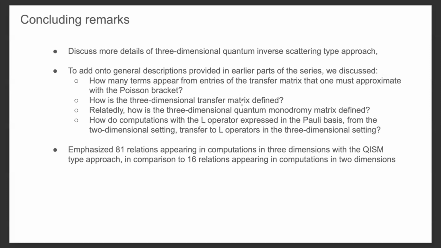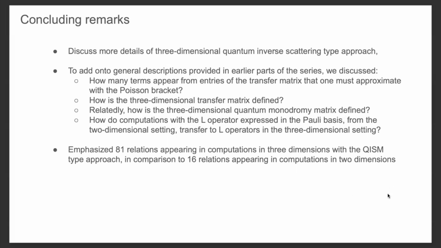And so we're going to be defining the three-dimensional quantum monodromy matrix in these slides, which we didn't introduce last time. And then this will allow us to further discuss some other aspects of the computation with the L operator and how that comes into play with the Poisson bracket. We're going to emphasize again the 81 relations appearing in computations in three dimensions with the QISM type approach in comparison to the 16 relations appearing in two dimensions.